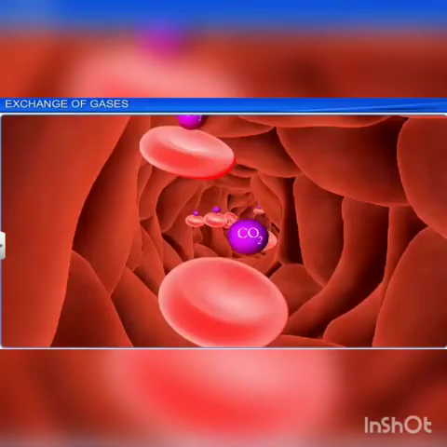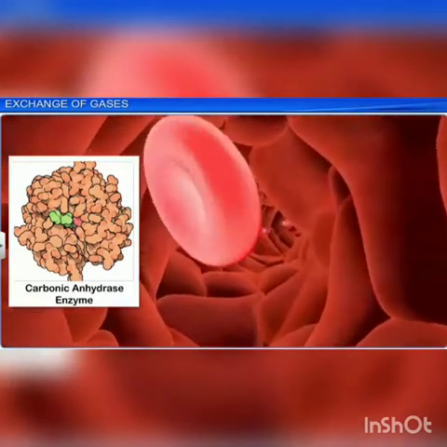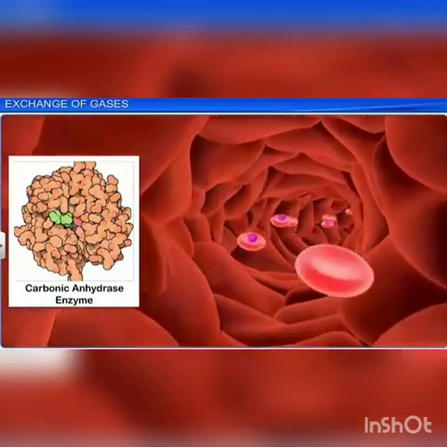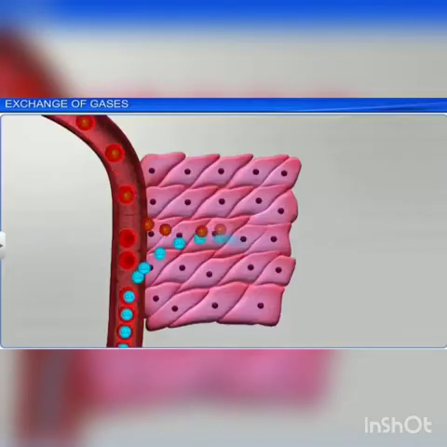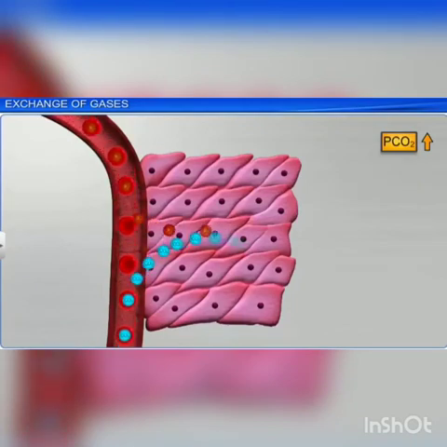RBCs contain a high concentration of the enzyme carbonic anhydrase, whereas a small amount of carbonic anhydrase is present in the plasma. At the tissues, the partial pressure of carbon dioxide is high due to catabolism. Catabolism means breakdown.